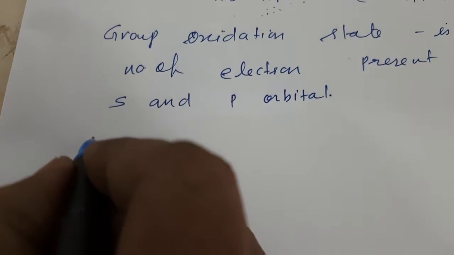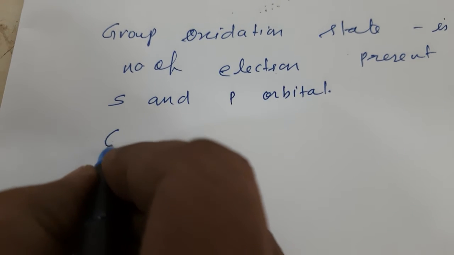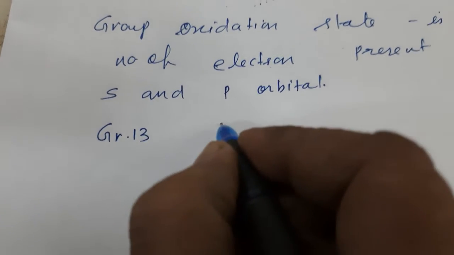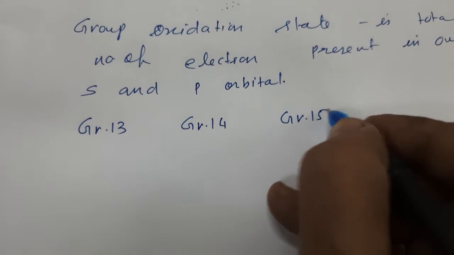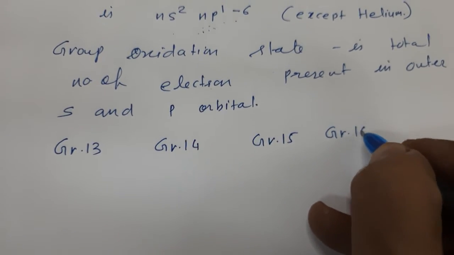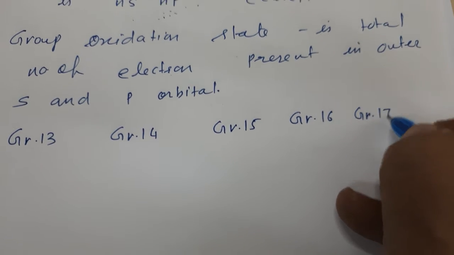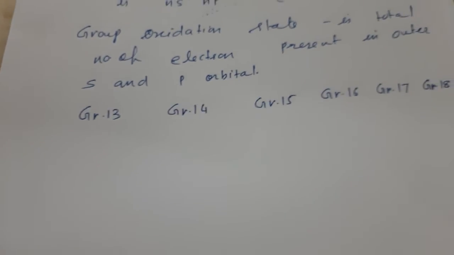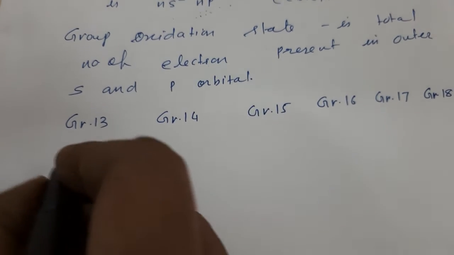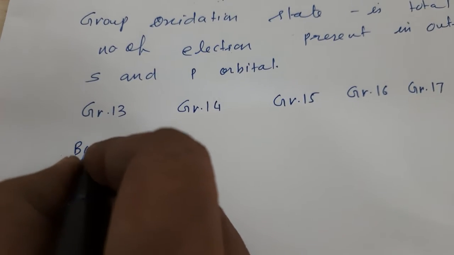Okay, like if I write here group number 13, 14, 15, 16, 17 and 18. So these are the groups. Group 13 is known as the boron family. So the first member is boron.